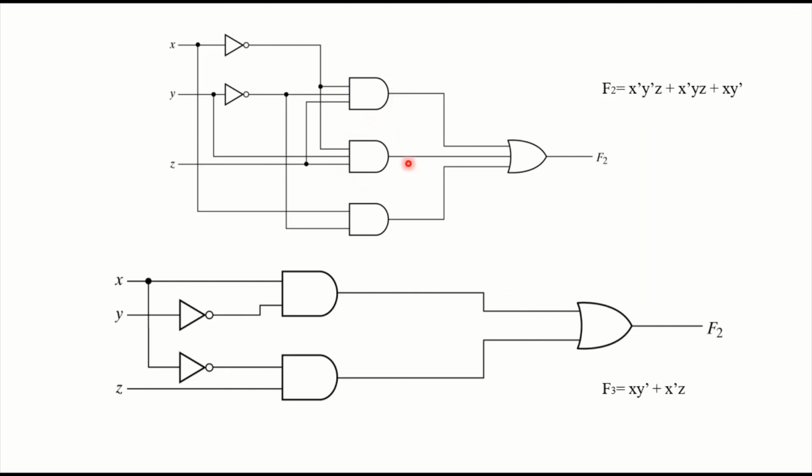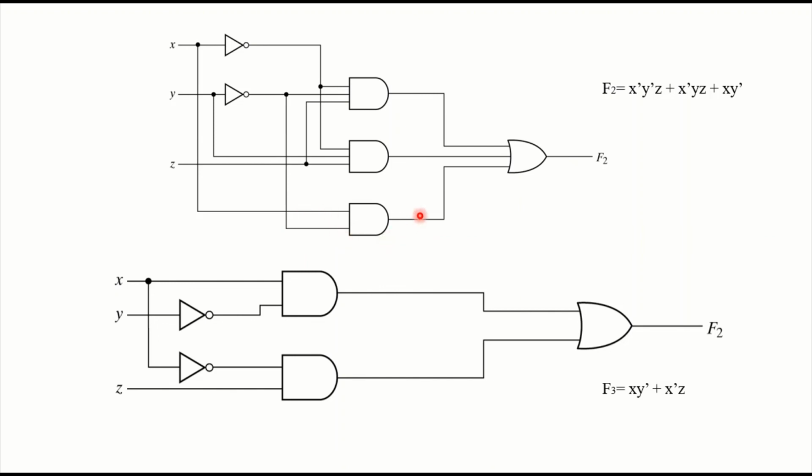The second AND gate, we are having here X bar, from here we are having Y, from here we are having Z. So at the output of this AND gate, we are getting X bar Y Z. From here we are having Y bar, not Y. We are having Y bar over here and X over here.